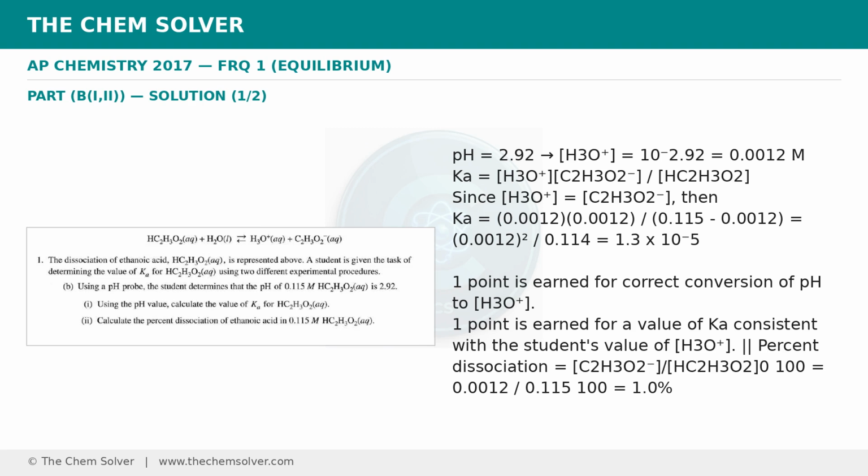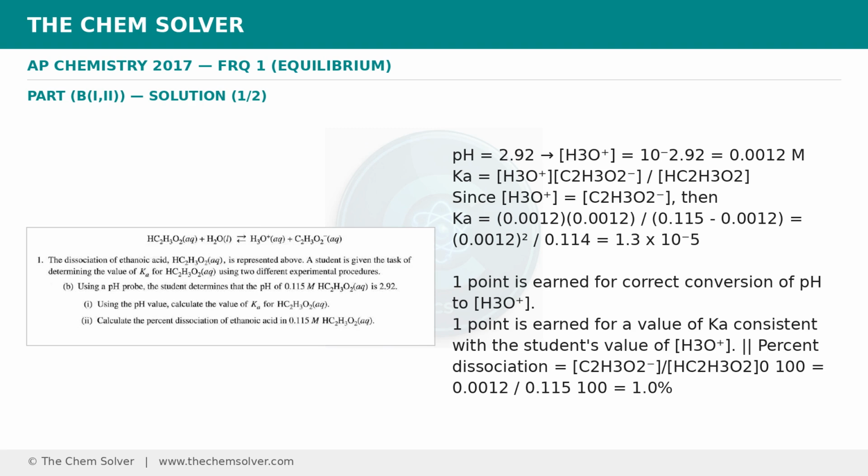Since [H3O+] equals [C₂H₃O₂⁻], then Ka equals (0.0012)² divided by (0.115 minus 0.0012), which equals 0.0012 squared divided by 0.114, equal to 1.3 × 10 to the power negative 5.